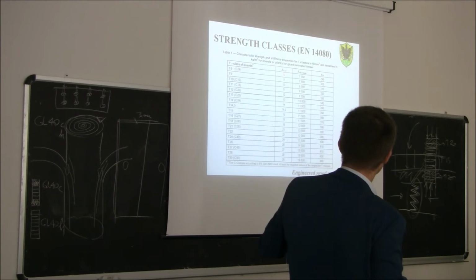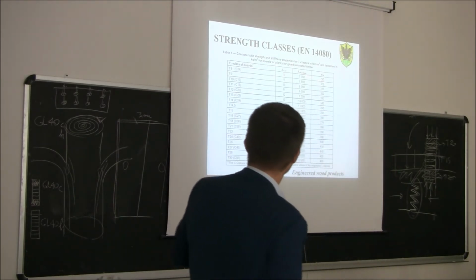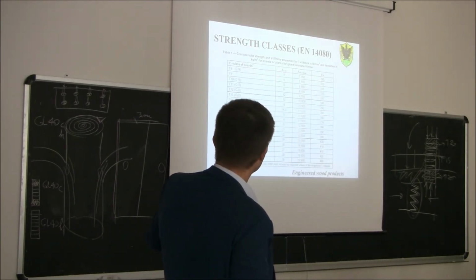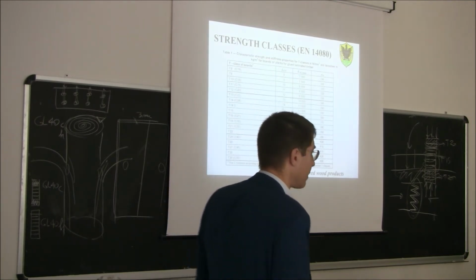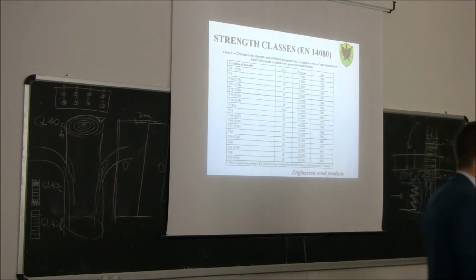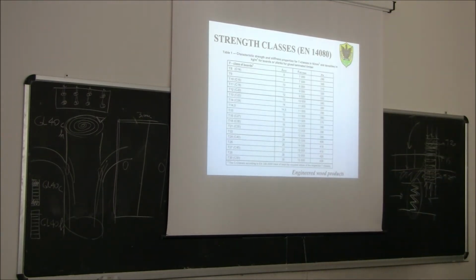T is tension, l is lamination, k is characteristic. So T8 means a characteristic tensile strength of at least 8 megapascal, modulus of elasticity of at least 7 gigapascal, and then a characteristic density of at least 290 kilogram per cubic meter.